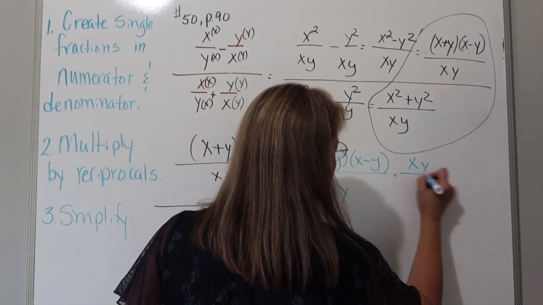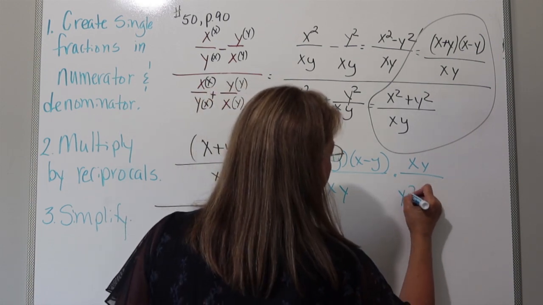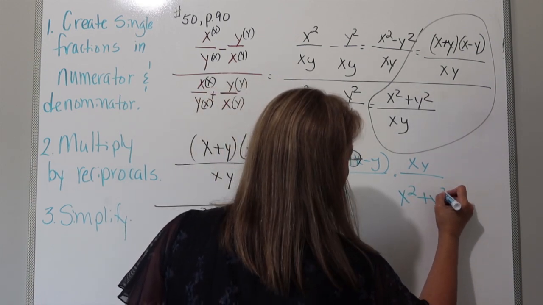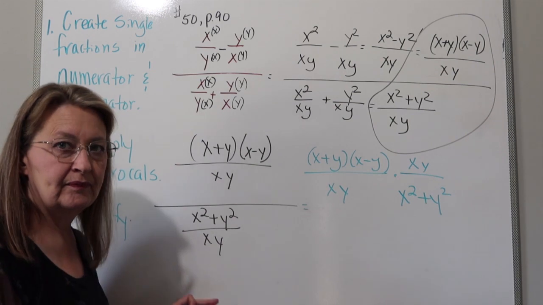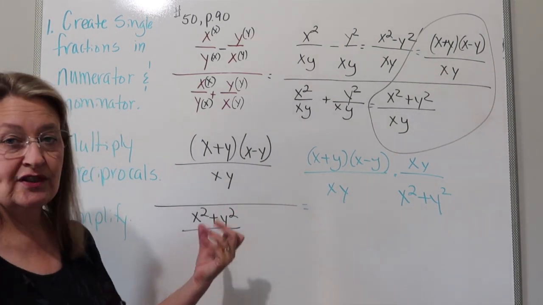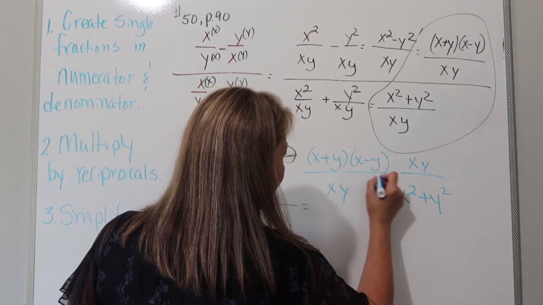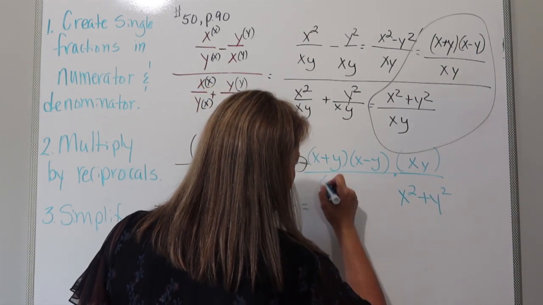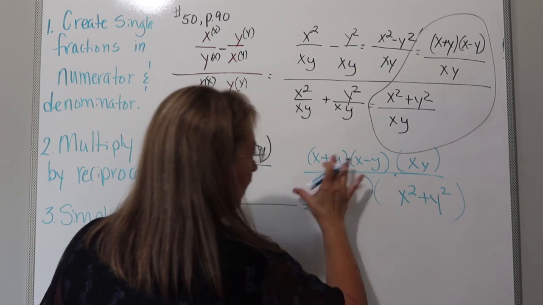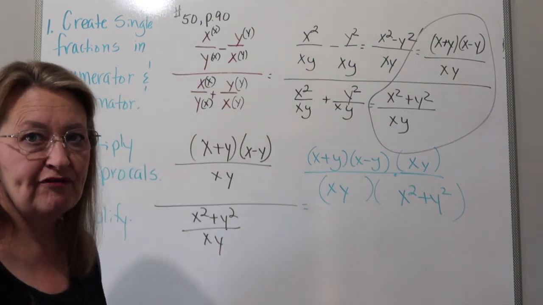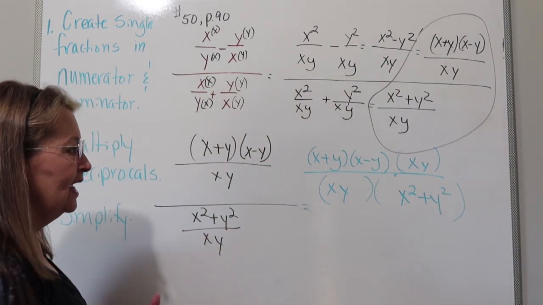So now I have xy on the top and x squared plus y squared on the bottom. Now, can you cancel things? Well, remember, now that all these are multiplied, this is actually one big multiplication problem here. All of these sets of parentheses are factors, and factors can be canceled.